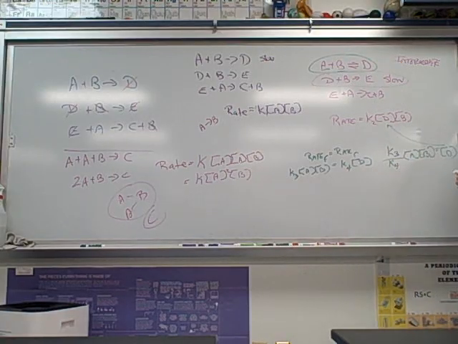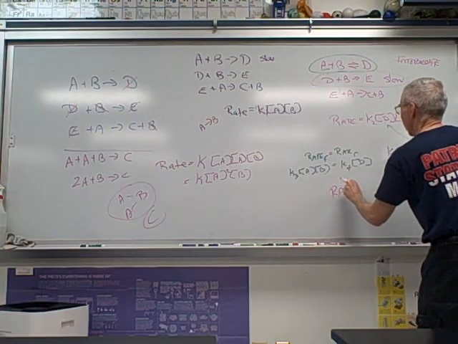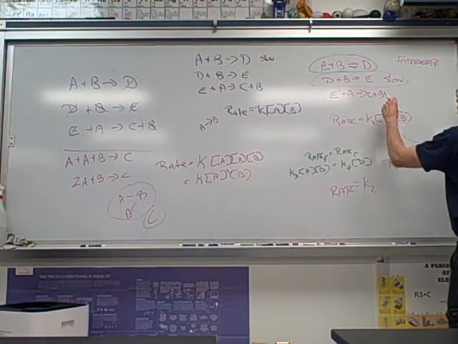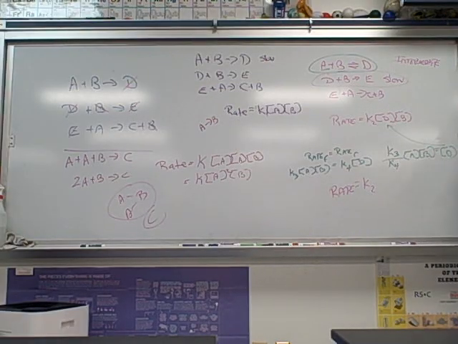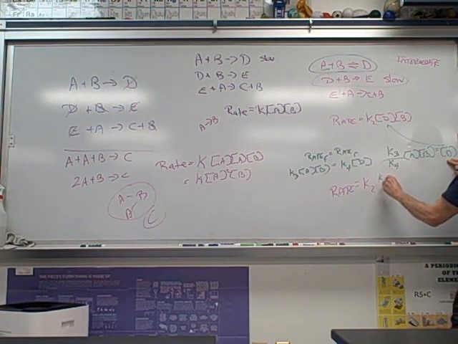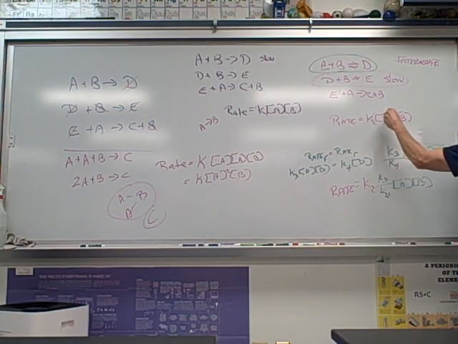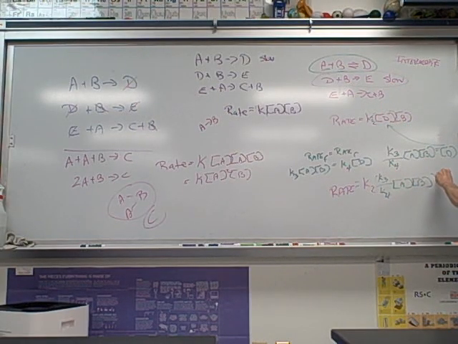So if we sub that back into this rate, rate equals k2, and now we're going to sub in for D, so k3 over k4, concentration A, concentration B. That's all D. And then we've still got a concentration of B in the term.